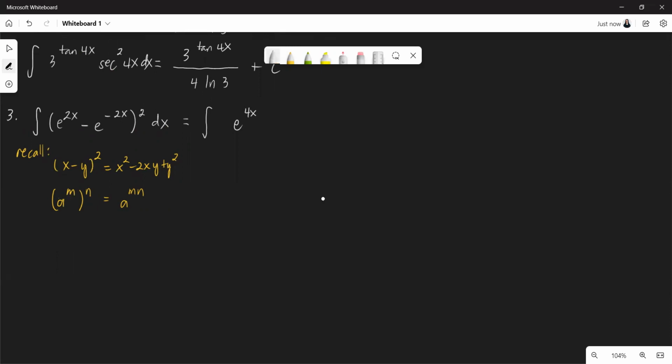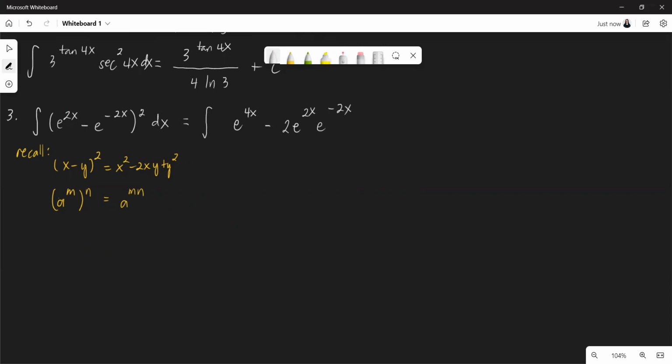And then for the middle term, we have 2 times e raised to the power of 2x times e raised to the power of negative 2x. If you have the same base, you add the exponents. So 2x plus negative 2x is 0. So e raised to the power of 0 is 1. Or let me just write that. Okay, this is the first term, and this is the second term.